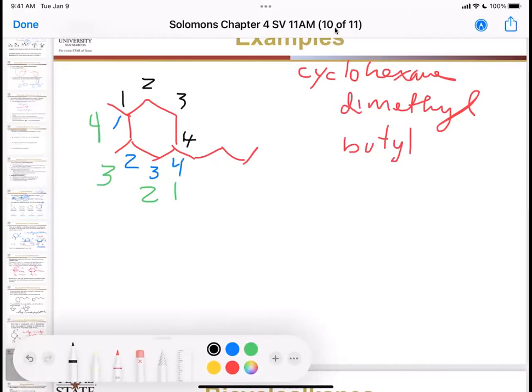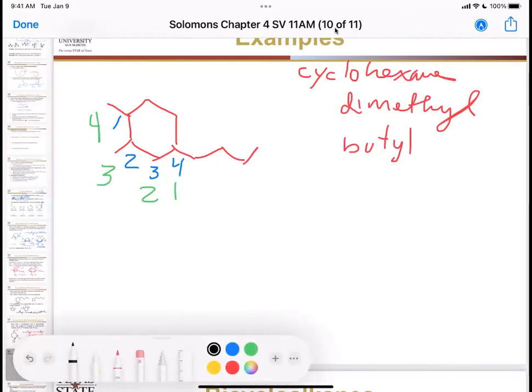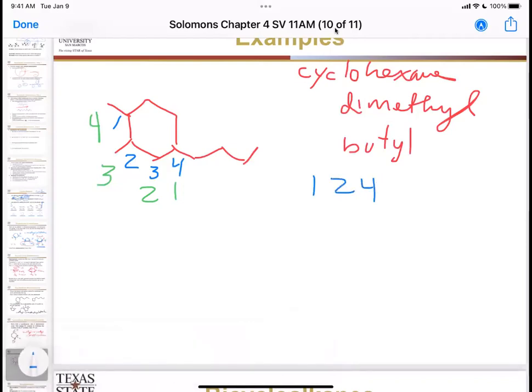Okay, so we have 2 choices to decide from of our numbering system. Are we going to number it the blue set of numbers, the first set of numbers that are blue on my screen, or the second set of numbers that are green? Blue, because in blue we get 1, 2, 4.